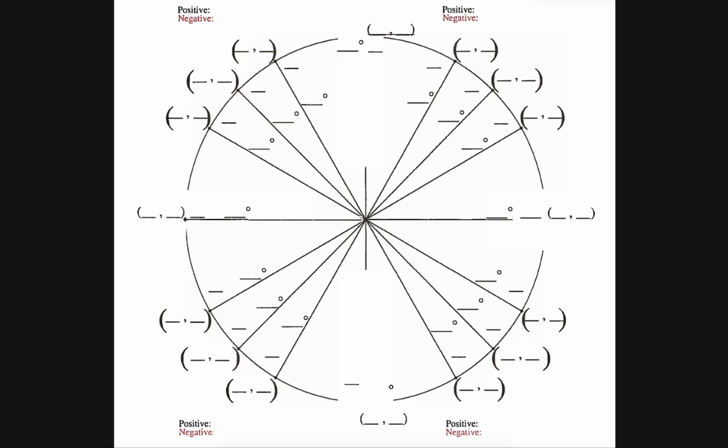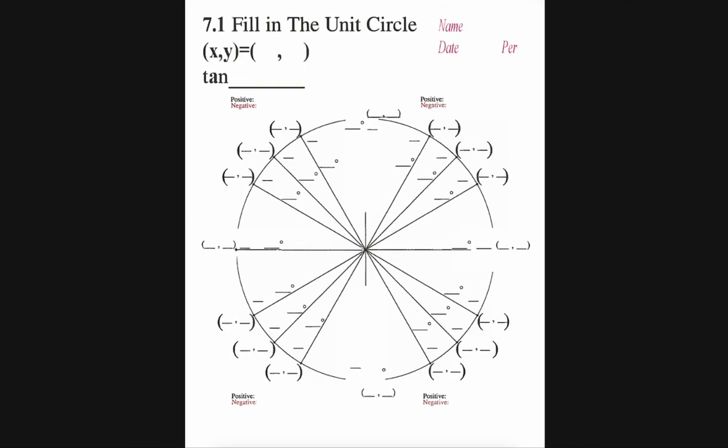Could you please, at this time, take out your colored pencils? You'll still need a regular pencil, I think, too, and your paper copy of the unit circle. There's pencils on the back of the table. And we're going to build this. Now, I don't know how much further we'll get past this today, like actually using it, but I want to talk about how to build it.